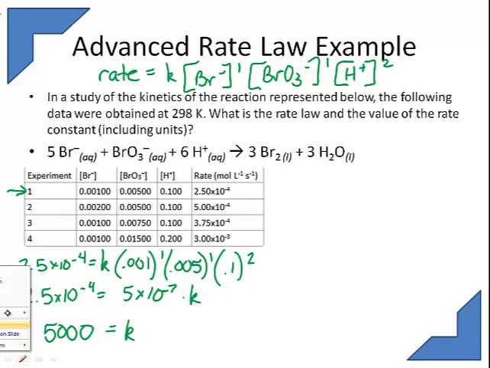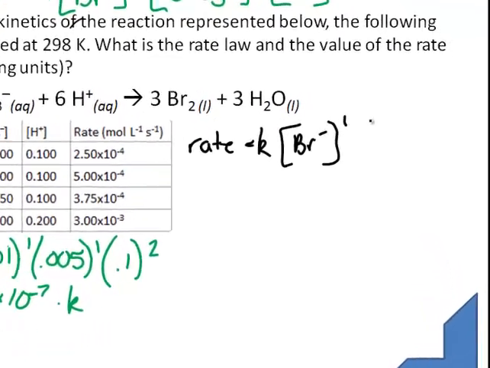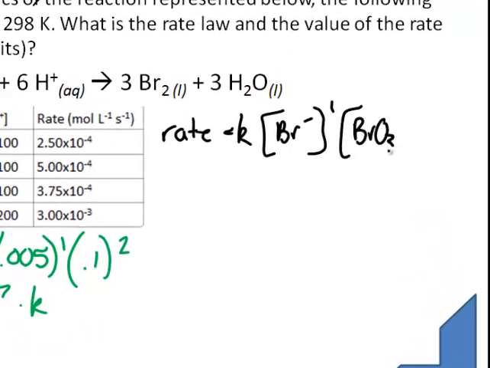Oh, we also need to find the units on that. If we look at our overall equation, we'll have rate equals k times Br- to the first times BrO3- to the first times H+ squared. That's a 2.